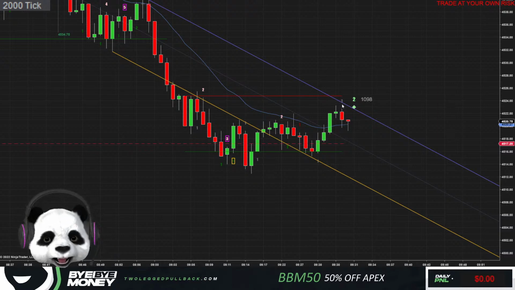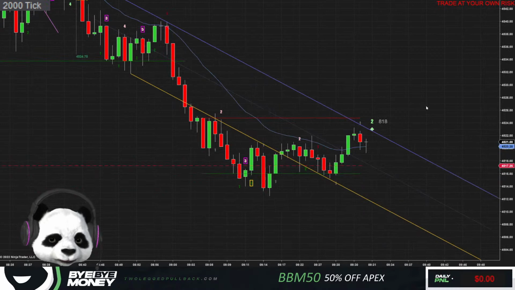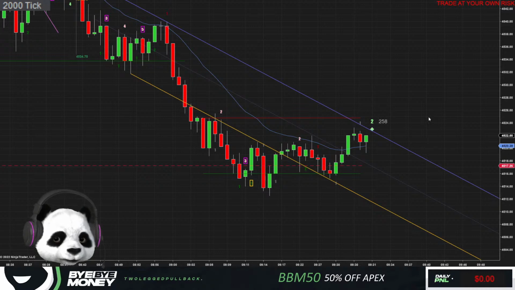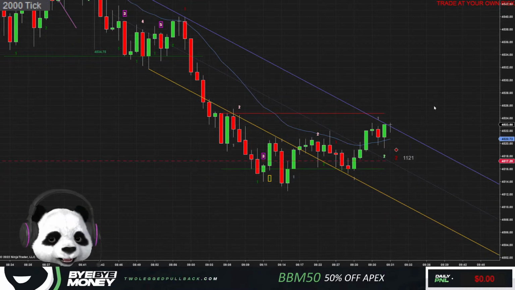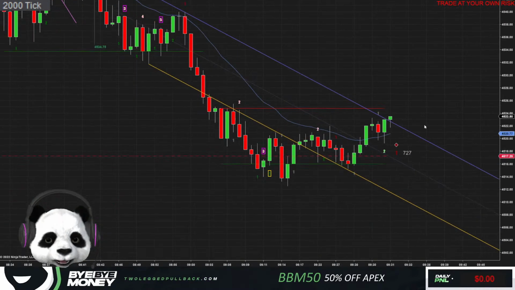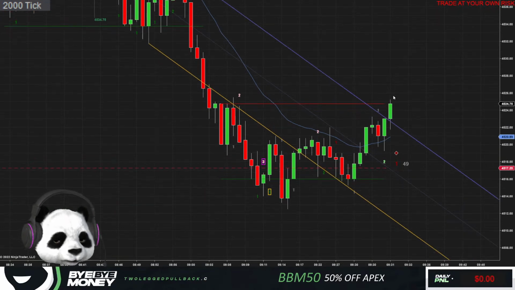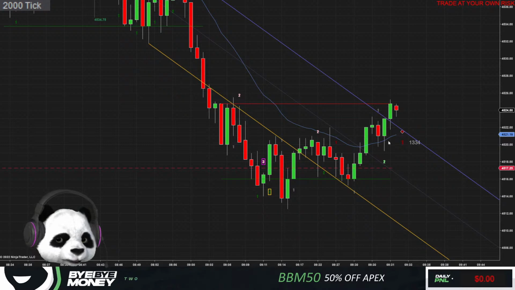Looking for a 2-legged pullback off of our trend line here if we can get it. Decent push up, terrible signal bar to enter short in. But we're on our trend line now. And it's a very bad signal bar. And we're clearly above the 20 MA now.